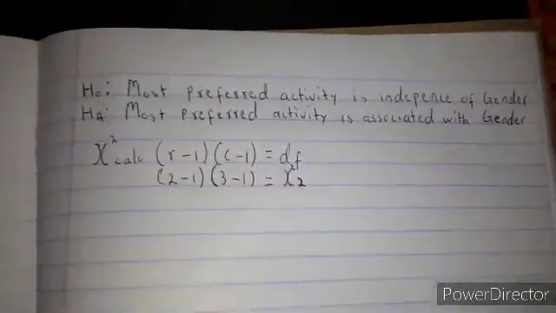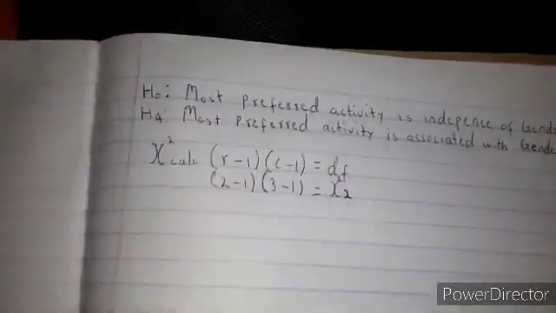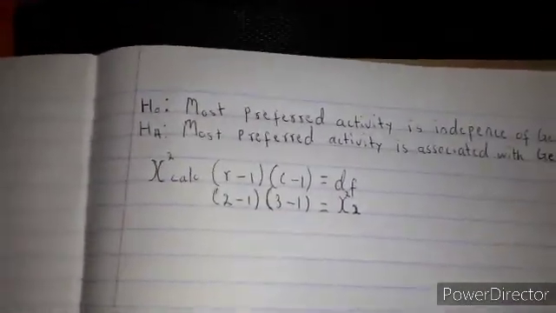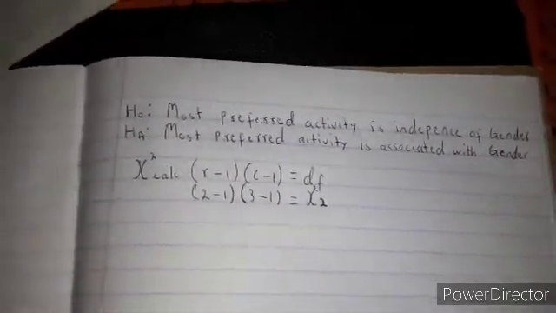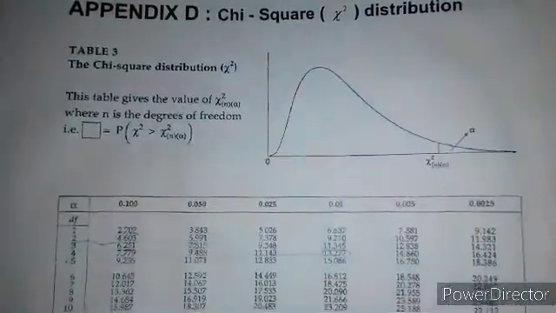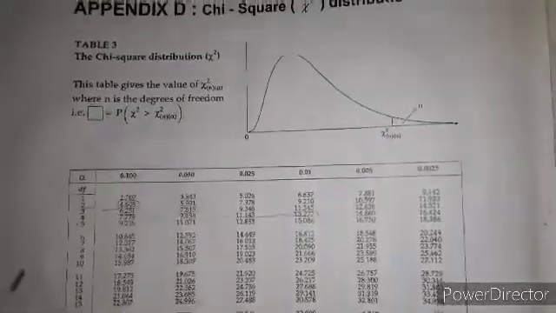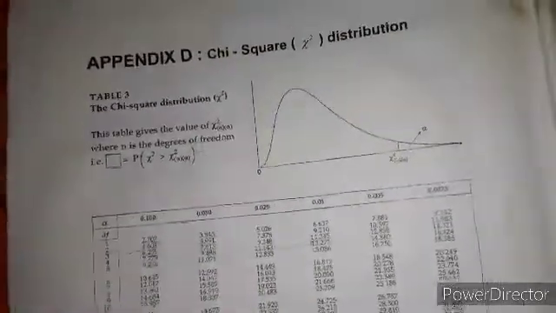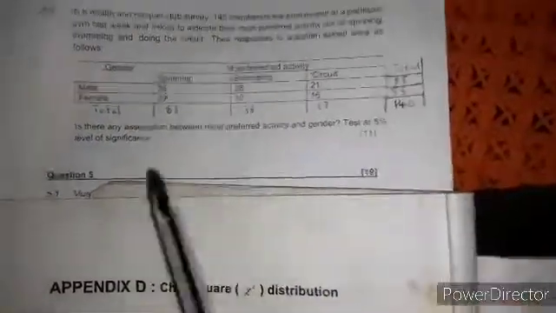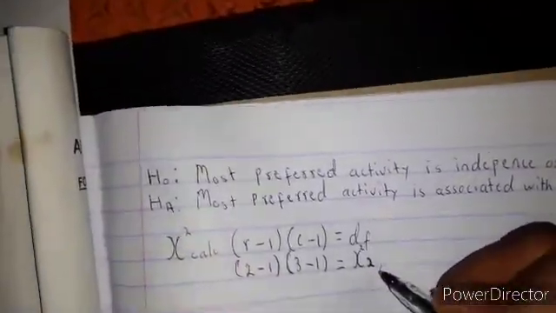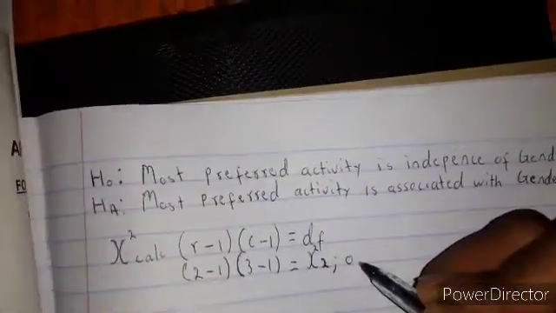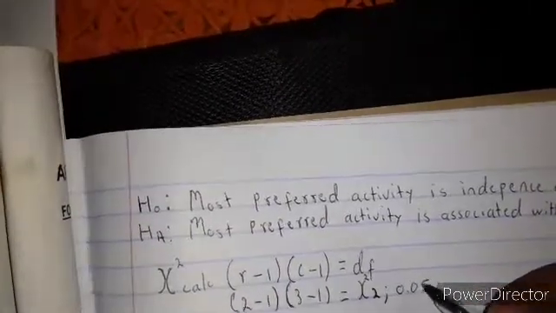Then we go to the contingency table of the chi-squared. There's the contingency table of the chi-squared. Test at 5% level of significance, so we write 5%, which is 0.05.